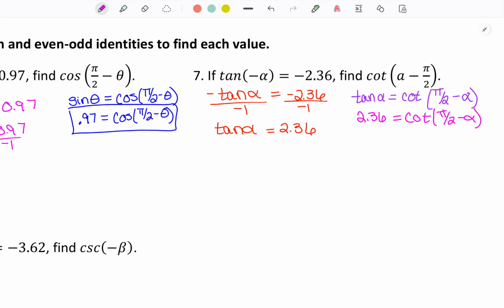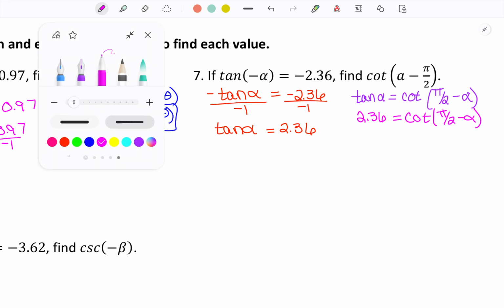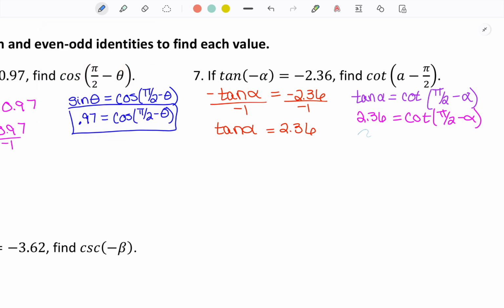But we're going to have to get it all in the same order. So here's what we are going to do. We are going to factor out a negative. In those parentheses, we're going to take a negative out, and this is going to switch the signs on the two things inside the parentheses. So we're going to have now a positive alpha, and a negative pi over 2.